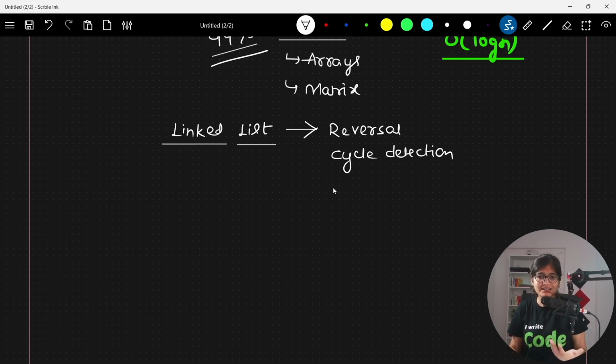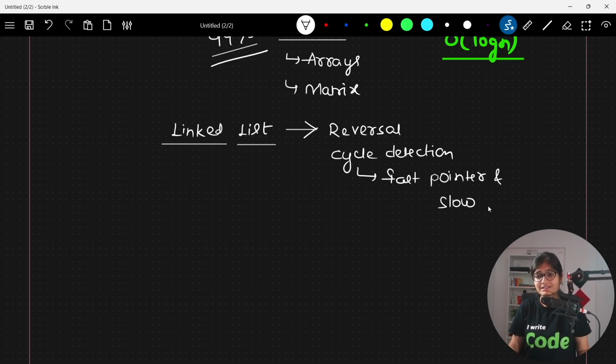Here, in this particular cycle detection, there comes a concept of fast pointer and slow pointer. Once you understand this concept, the same concept is valid for many different varieties of problems. That's why I am saying you need to understand the different varieties of concepts, because questions are too many. Once you understand the concepts, your mind will get an idea: okay, this concept, can I apply it to this question or not?